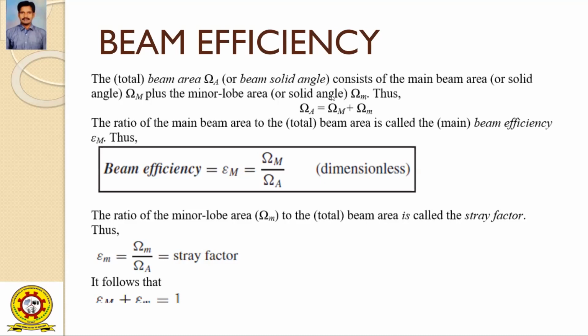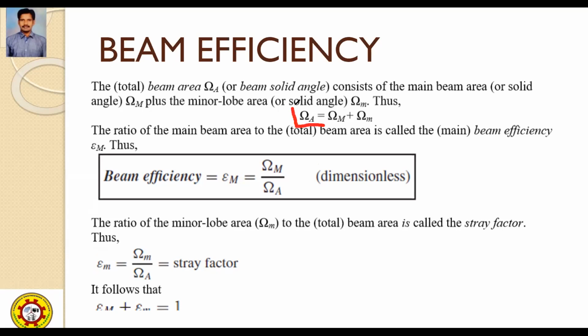Here I am highlighting the equation for beam area in terms of major area plus minor area. Clear? Try to note down this equation. Total beam solid angle equals the addition of main beam area plus minor beam area.